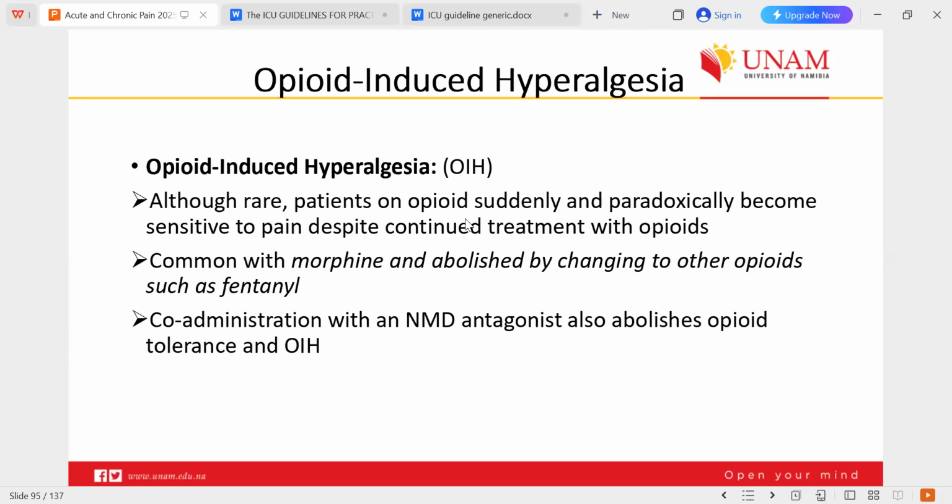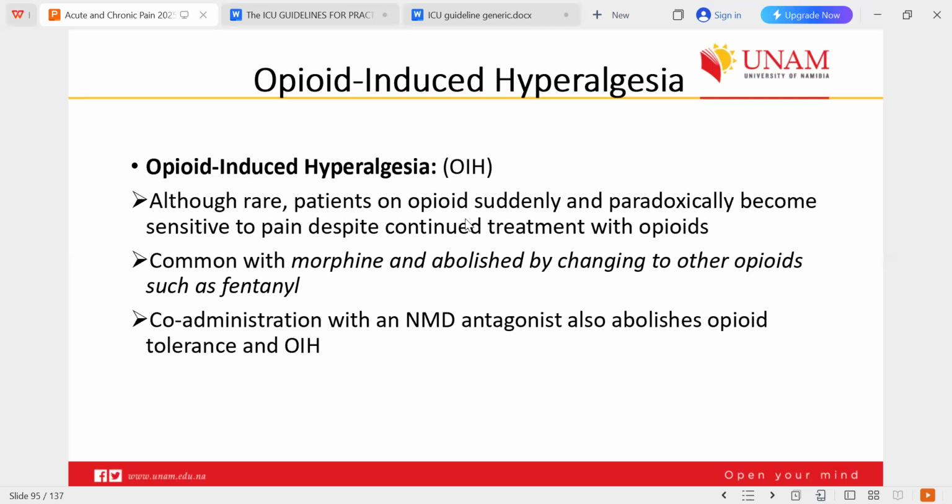Then there's a phenomenon known as opioid-induced hyperalgesia, OIH. Although it's rare, patients who are on opioids may become more sensitive to pain despite being on continued treatment with opioids. Usually common with morphine, and changing to other opioids, such as fentanyl or remifentanil, usually can help.